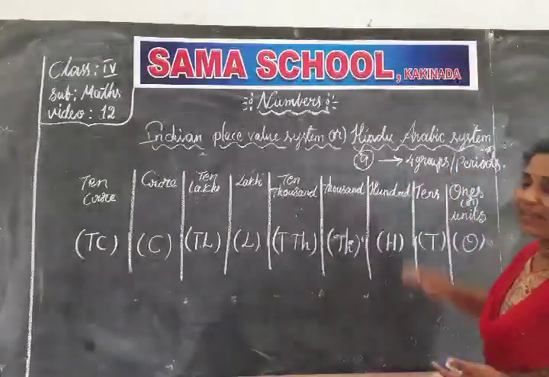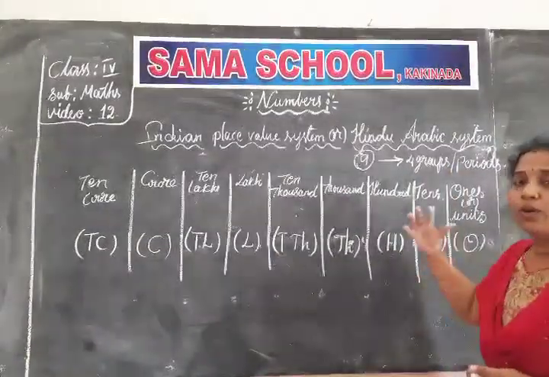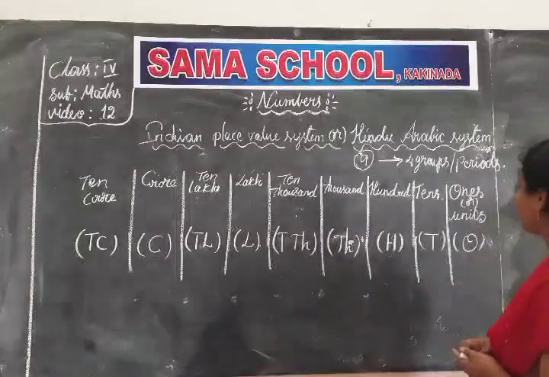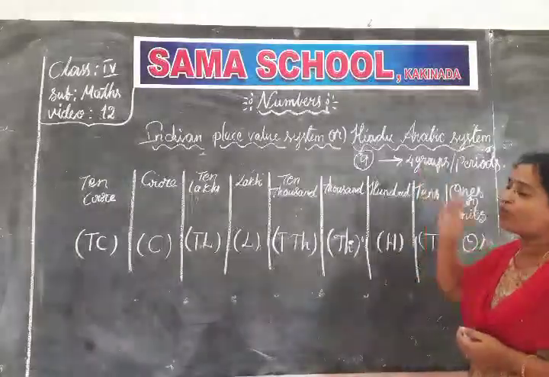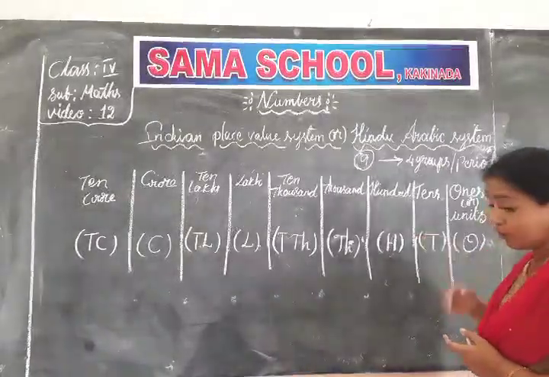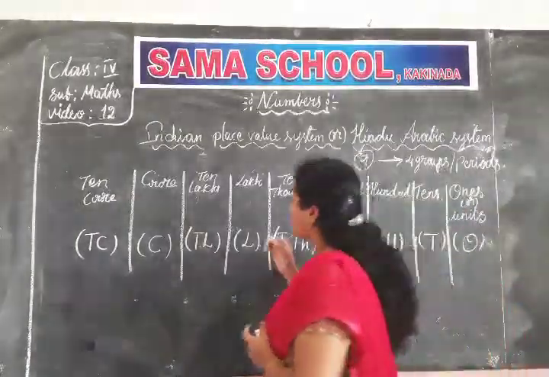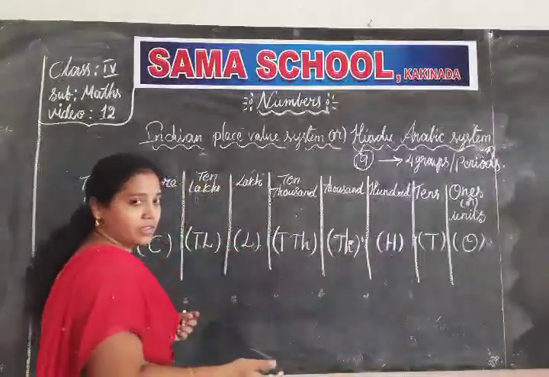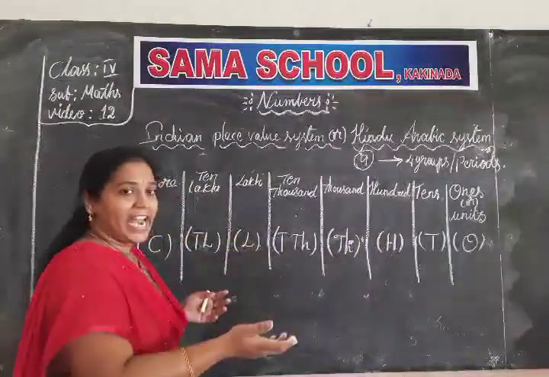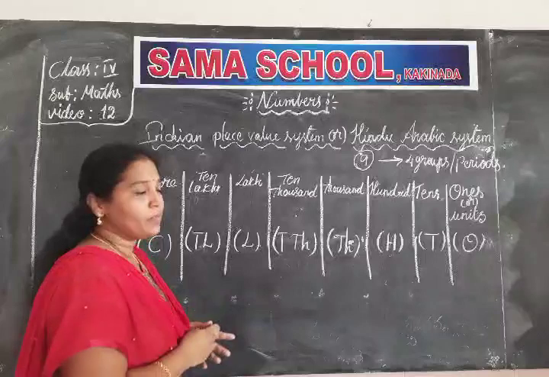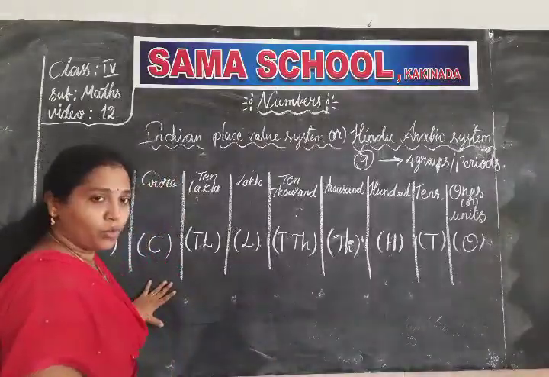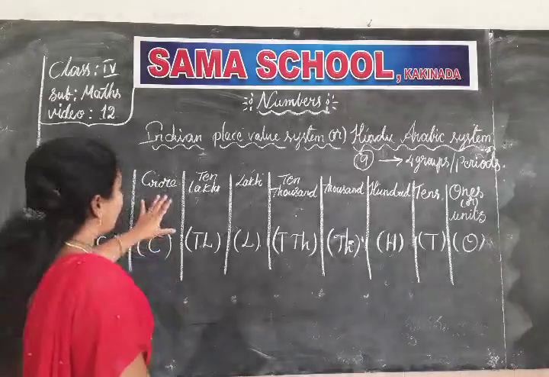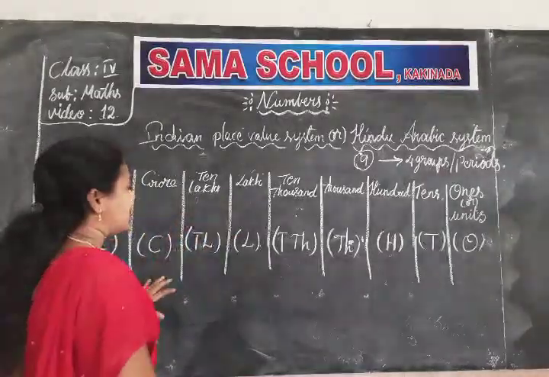Because when you are writing the number in standard form or expanded form, you have to know the groups. So, in between the groups we insert the commas.